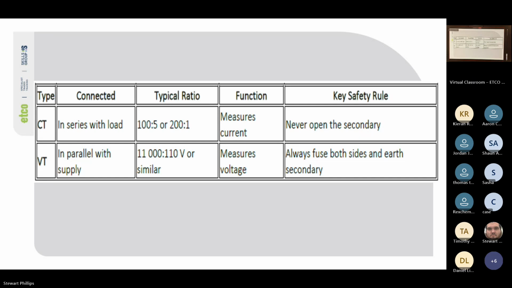Vibration, yep. Incorrect installation, definitely. Yep, lack of maintenance. High surges, internal arcing, yep, so like a manufacturing fault. Out of sync, yep.